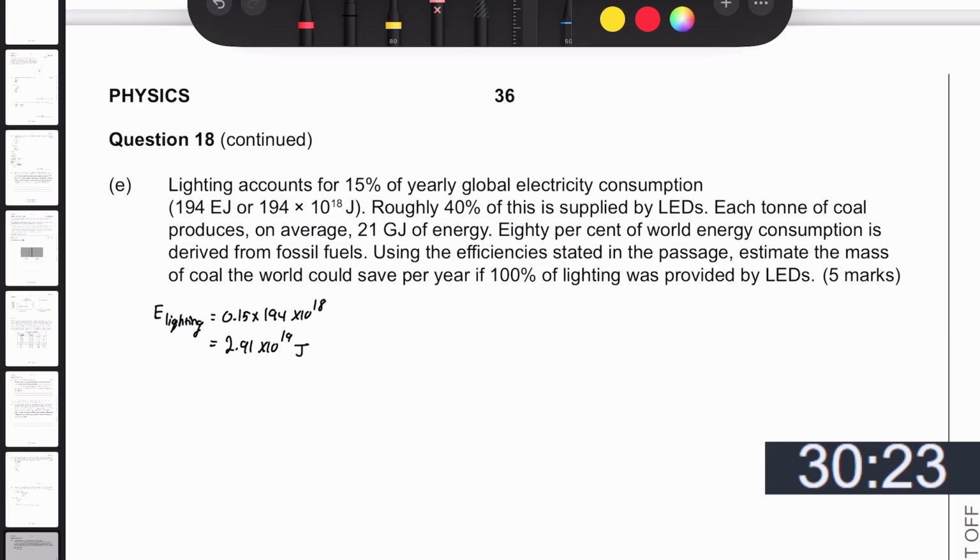What is the efficiency? So it looks like 10 watts of energy to 60 watts of energy? Is that what they're looking at? 40% of this is supplied by LEDs.